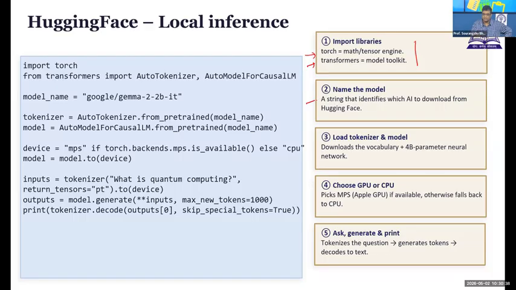Okay, name of the model, a string that identifies which AI model to download from Hugging Face. So when you execute this, the model starts to download. When you execute this, the vocabulary starts to download, because you are downloading the tokenizer.